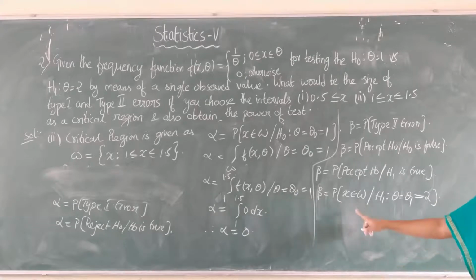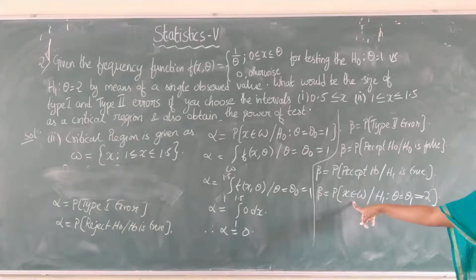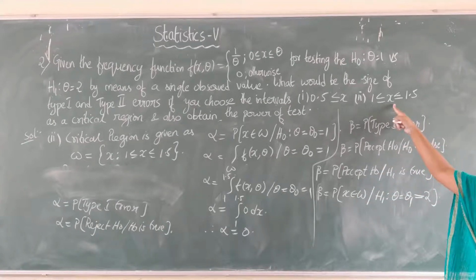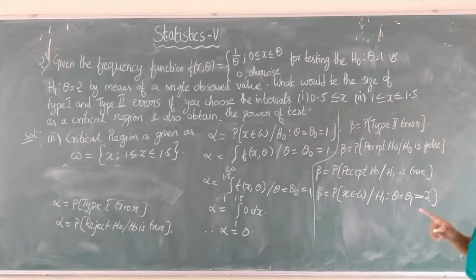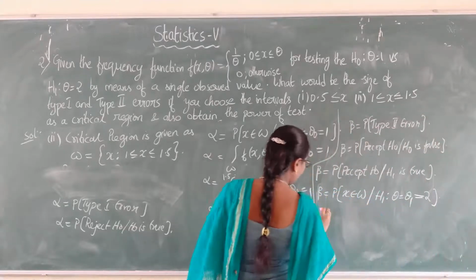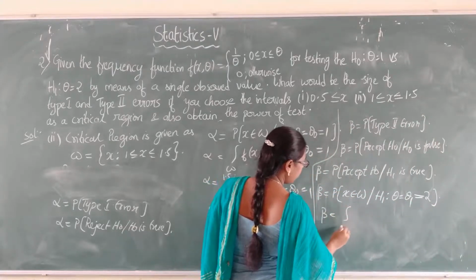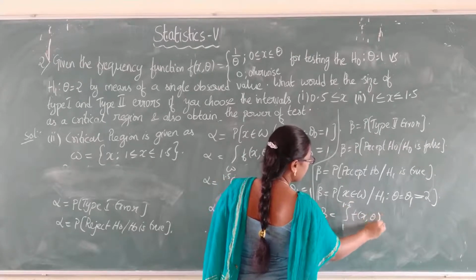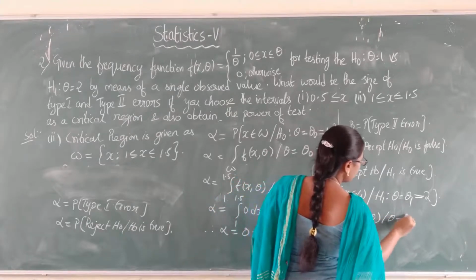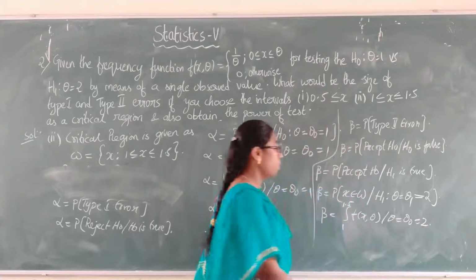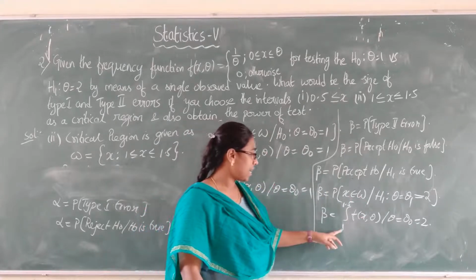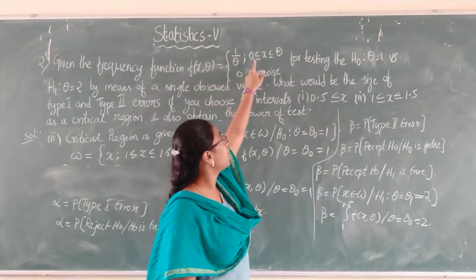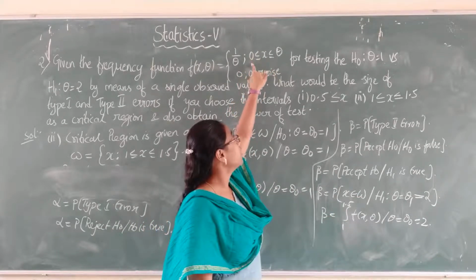So don't get confused here. x value should lie between 0 to theta.